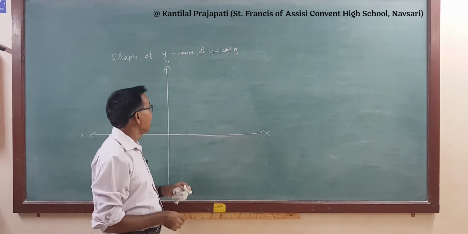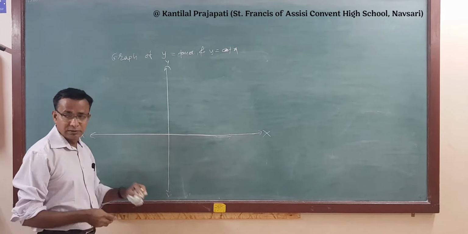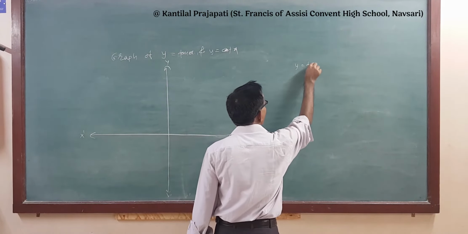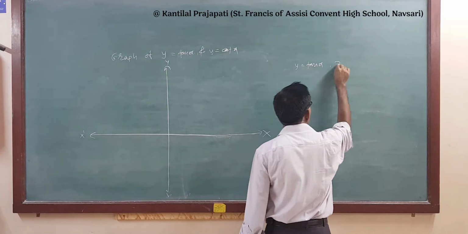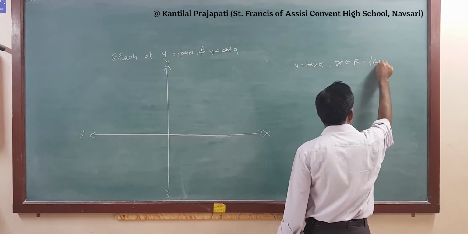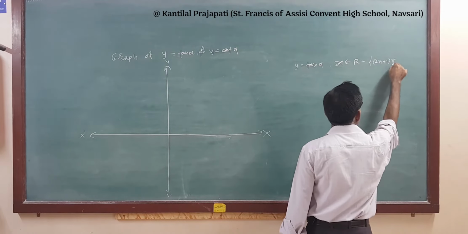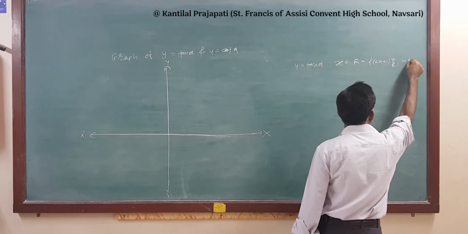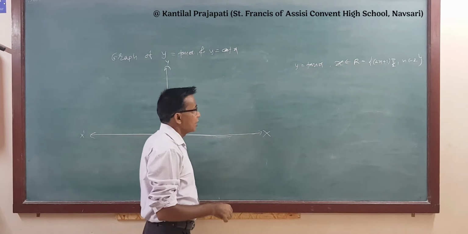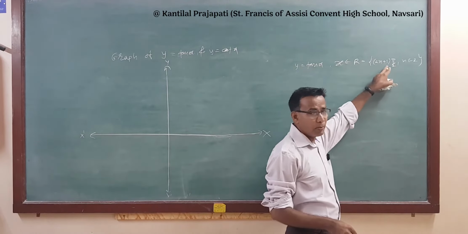What is the domain of the tangent function? Y is equal to tan x, so x belongs to R minus (2n plus 1) pi by 2, where n belongs to Z. So all the real numbers except odd integer multiples of pi by 2.